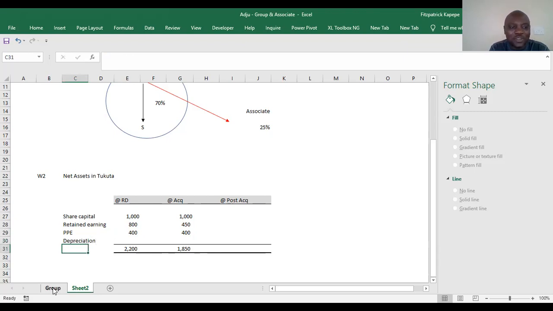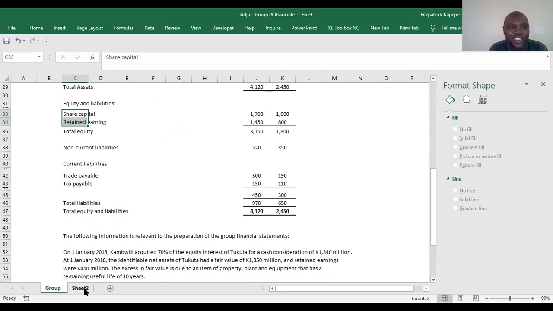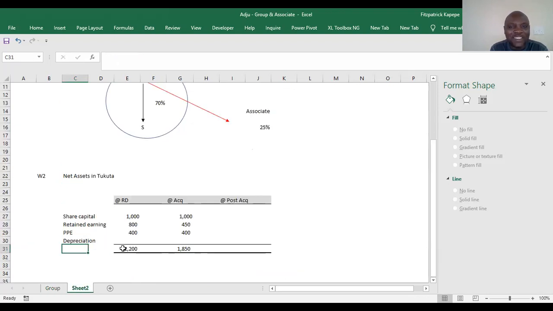So we need to calculate depreciation for this. We'll have to go back to the question and check. I'm giving you about a minute to calculate depreciation for me.